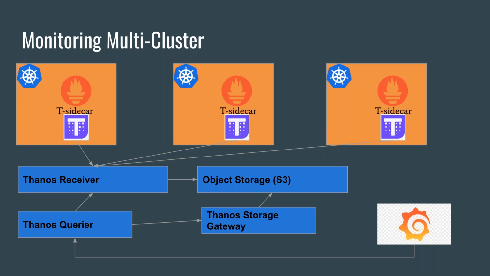Let's say that it collects real-time data all the time. And if some data is 1 hour old, it can automatically store it inside some kind of object storage, in our case, for example, AWS S3. So we have real-time data in the Thanos receiver, and also a snapshot in the S3 bucket. If you need some metrics, you just contact the Thanos querier.